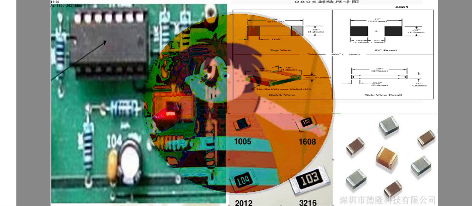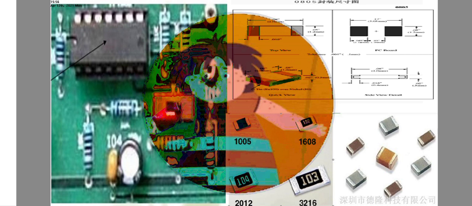But the traditional components are very, very large. These three pictures are from our PowerPoint, you can think about it carefully.